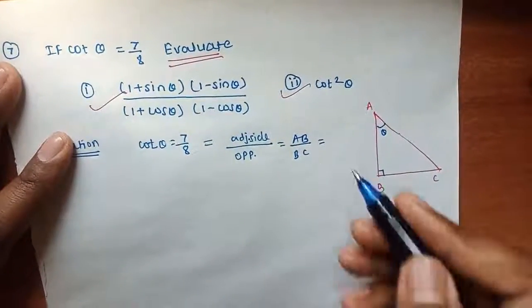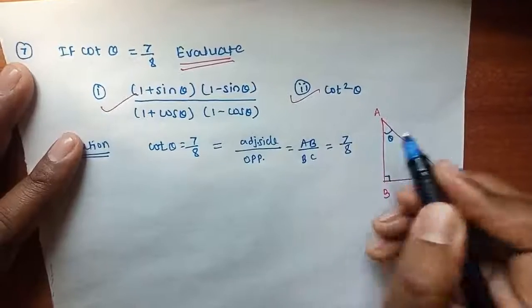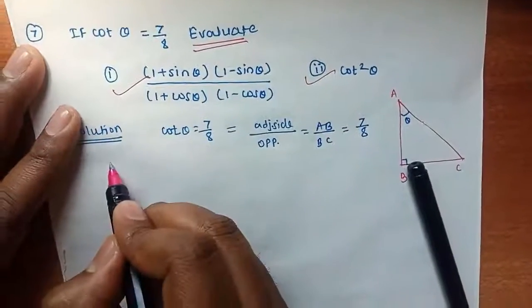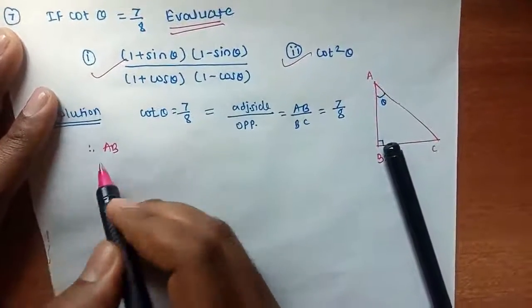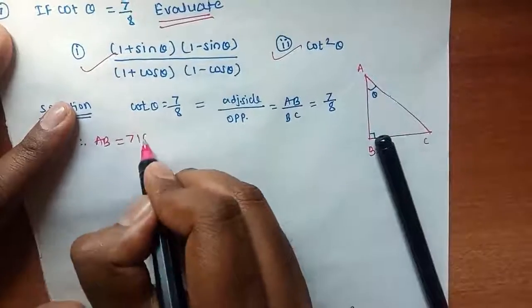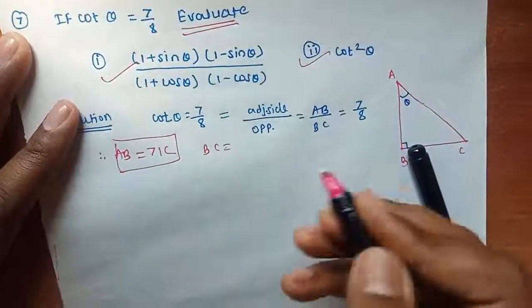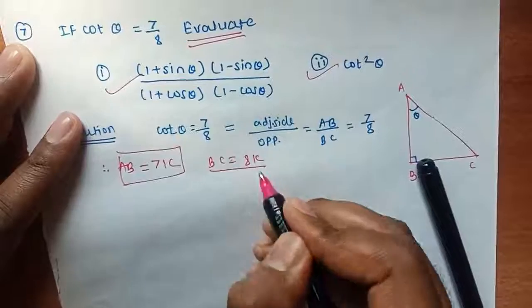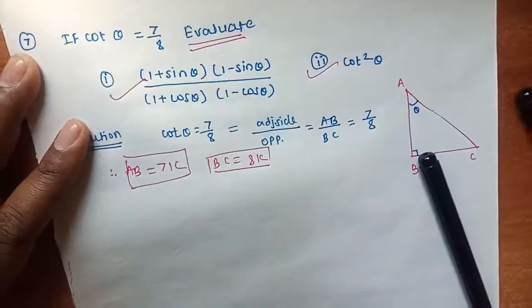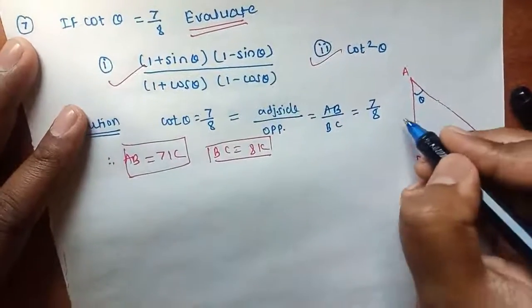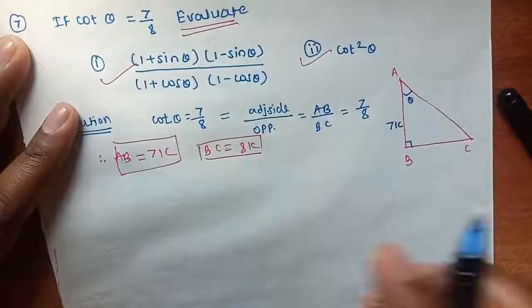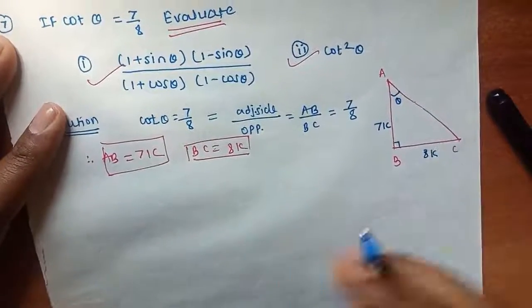So AB upon BC is equal to 7 by 8. So easily we can say I got the value AB as 7K and BC is equal to 8K. So AB is equal to 7K and BC is equal to 8K.